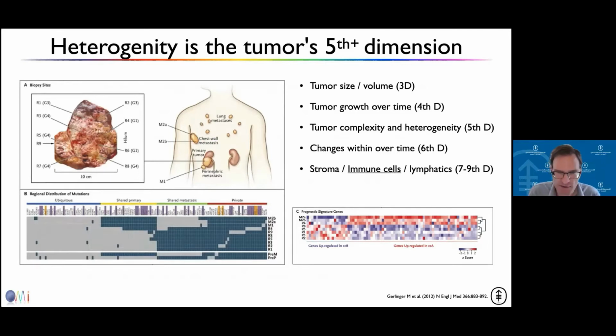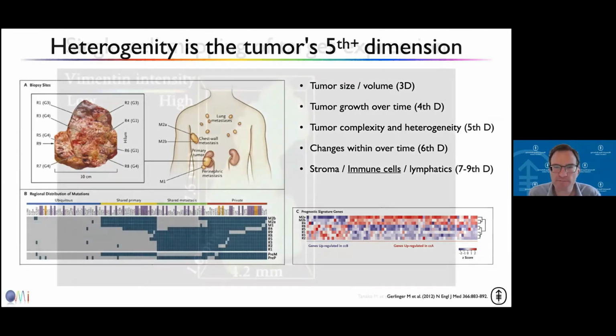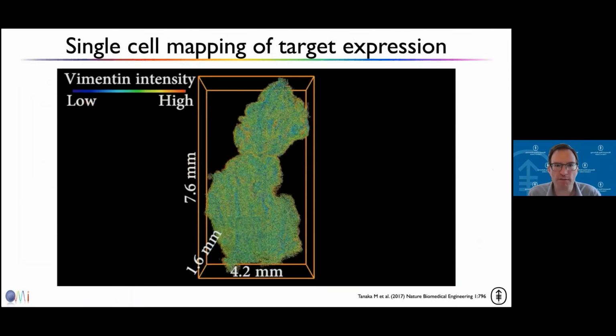And this can change in different lesions, as was shown in the seminal paper where they took the primary tumor and the metastases and sequenced them. They looked at multiple gene signatures and found that within one patient, these change between the lesions. Currently, we can't image this. This was done post-mortem. Here's an example to show why it's important.